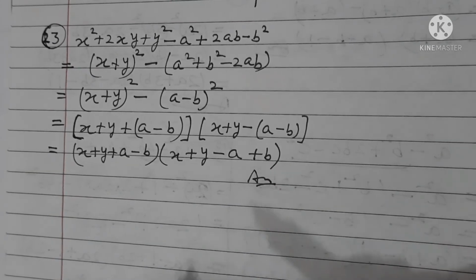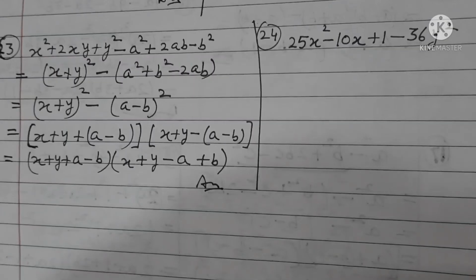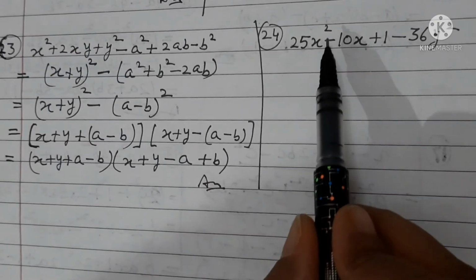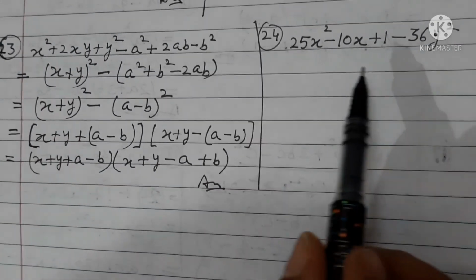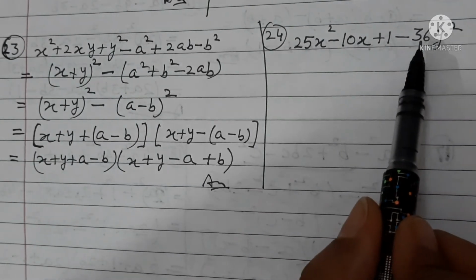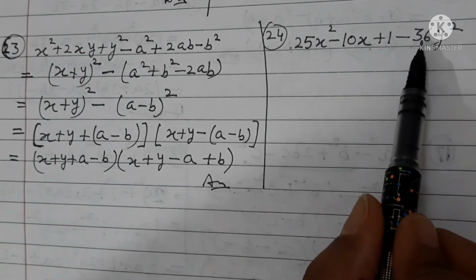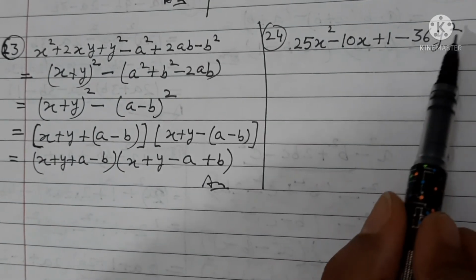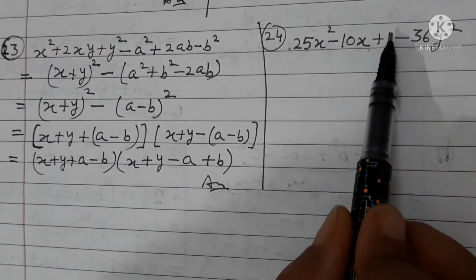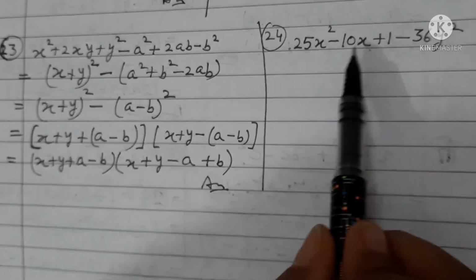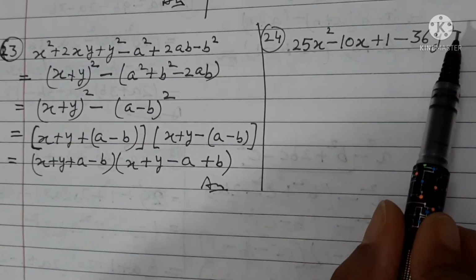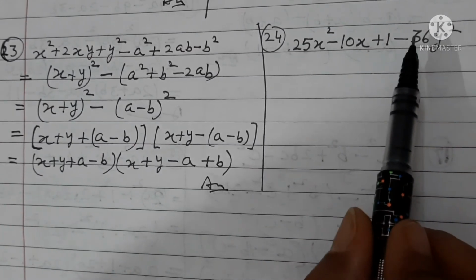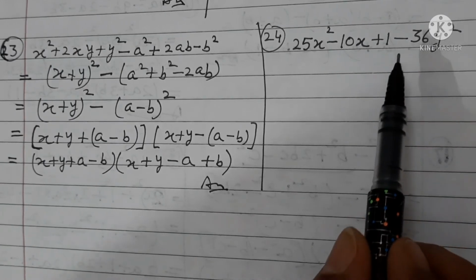Question number 24: 25 x square minus 10x plus 1 minus 36 y square. Now this is the 6y whole square, and you have to make this also in the form of a square, so that you will use the identity of a square minus b square, the difference of two squares.